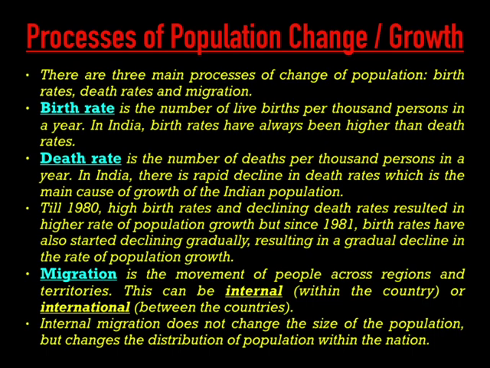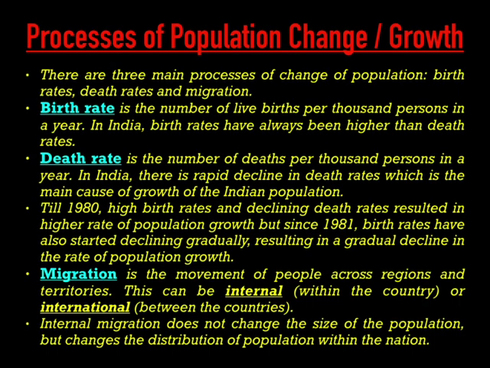Third factor is migration. It is the movement of people across regions or territories within a country or between other countries. This can be internal, that means within the country, or international, that means between two countries. Internal migration does not change the size of population but changes the distribution of population within the nation.